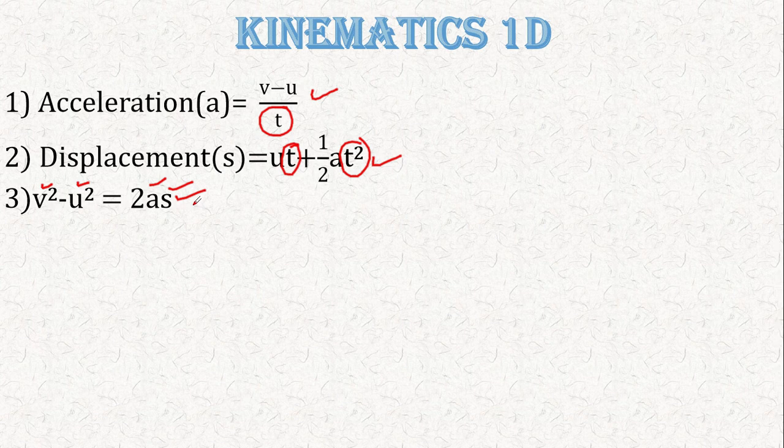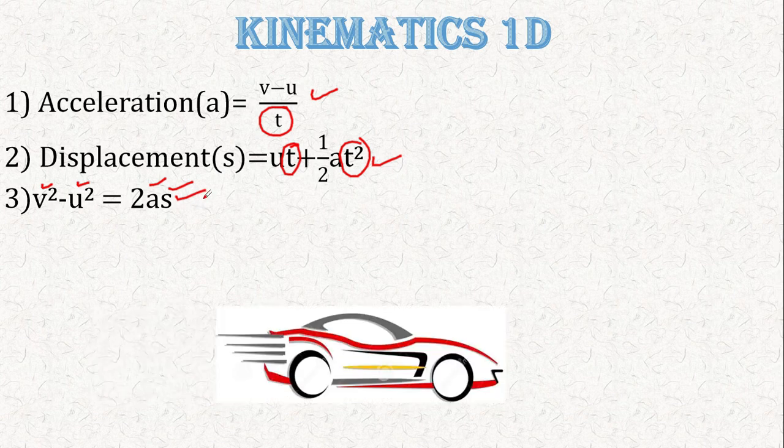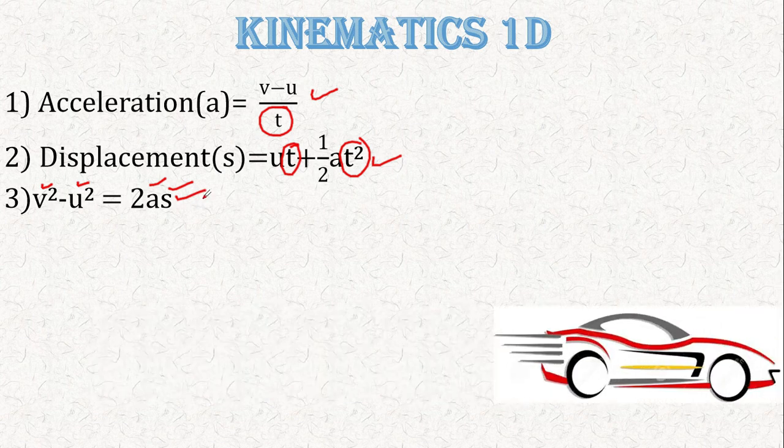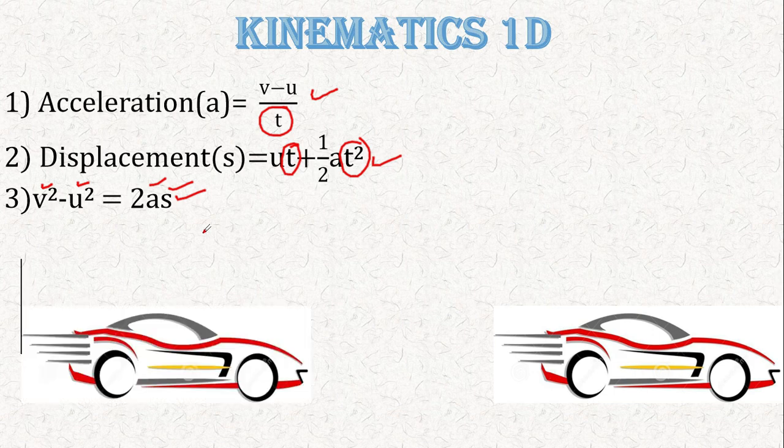Now let's get started with formula 1. Before that, let's see some important terms which we have read in the last class. When this car was initially here, it had some velocity, that is u. Finally, when it stopped, it had a certain velocity, that's v.